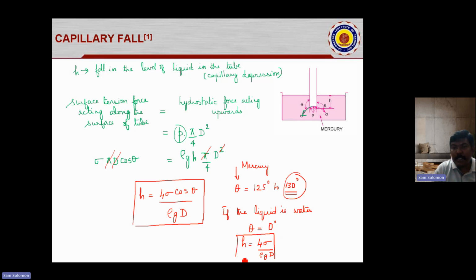This expression is applicable only when your liquid is water. So that is your capillarity, the rise or fall in the tube when it is immersed in a vessel of the liquid. That rise or fall in the tube is what we call capillarity.